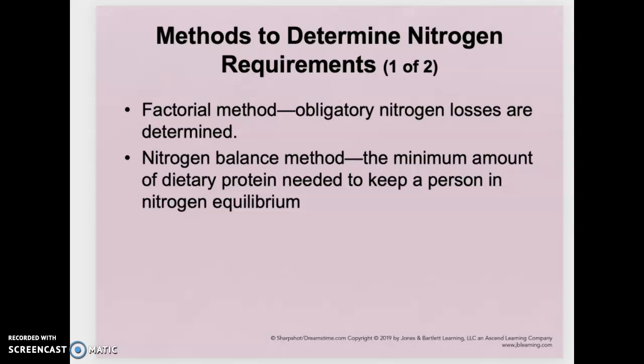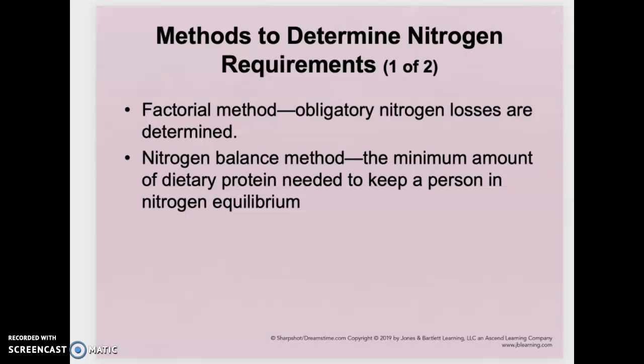So we can determine our nitrogen requirements through several means. The nitrogen balance method is often used and kind of easy if you have the right equipment. You have to be able to estimate how much nitrogen is consumed and then be able to estimate or calculate how much nitrogen is being put out by that patient.